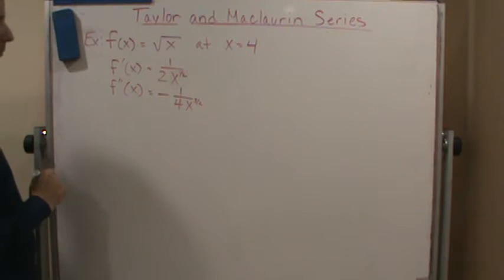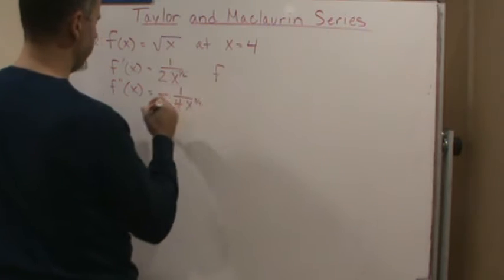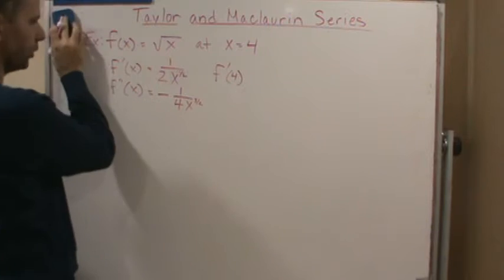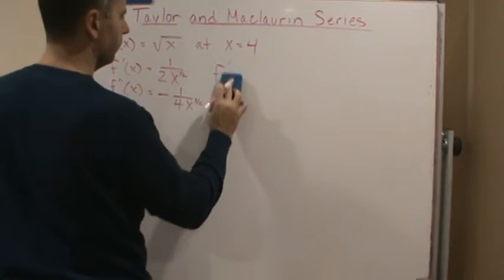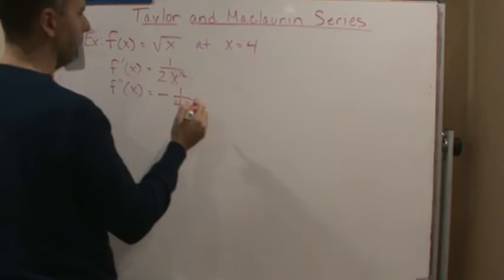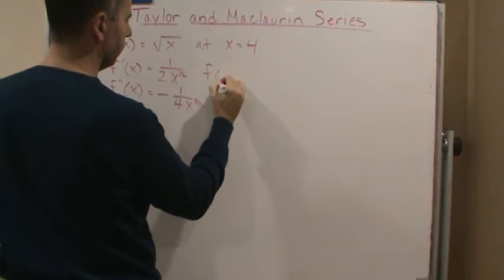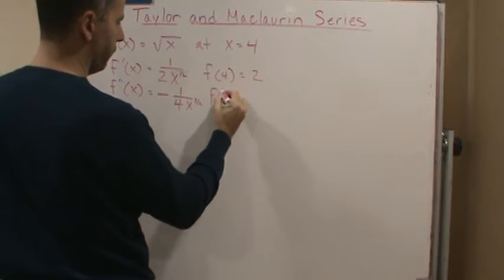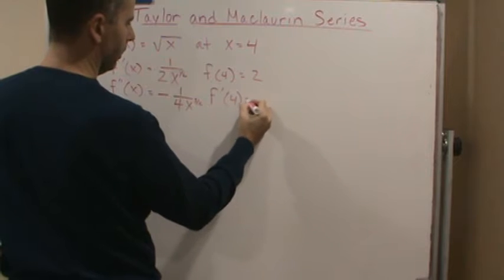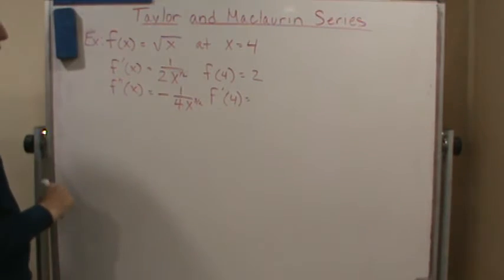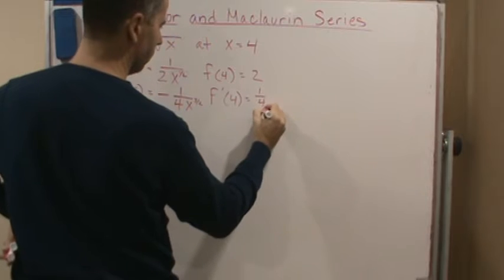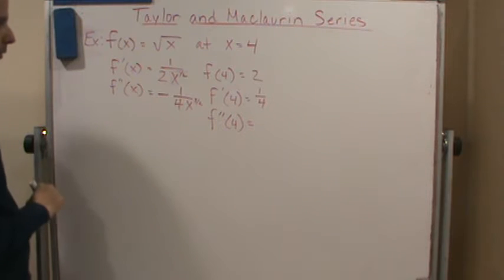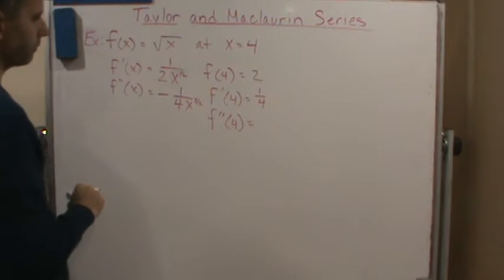And then we're going to evaluate these at 4. So f of 4 equals 2. f prime of 4 equals 1/4. And then f double prime of 4, what is that going to equal?